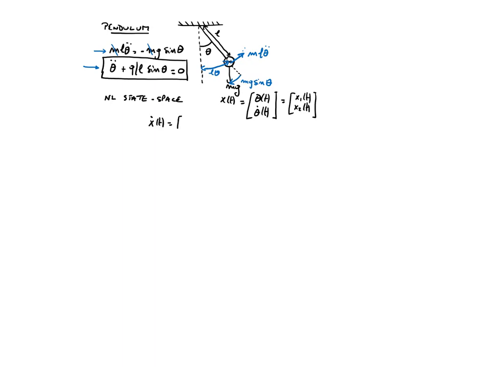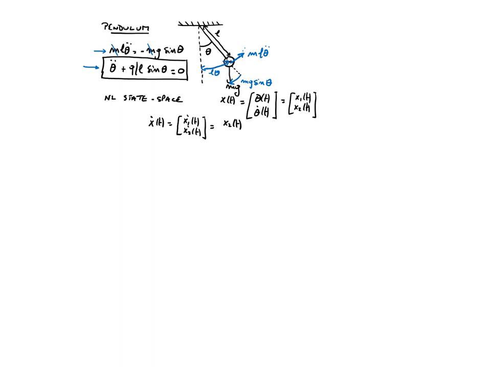And the non-linear description, right, is simply x dot of t. So this is x1 dot, x2 dot is equal to, well, x1 dot is theta dot, so that's equal to x2 of t.